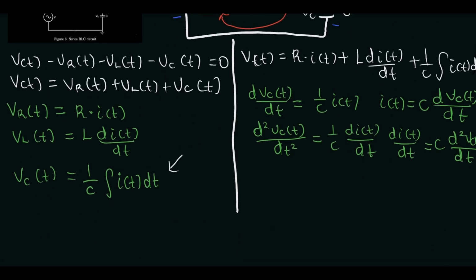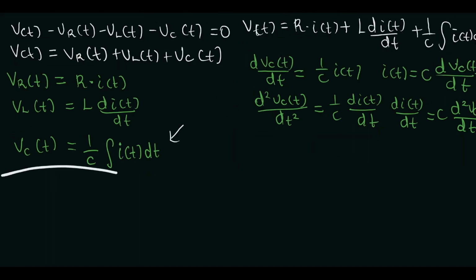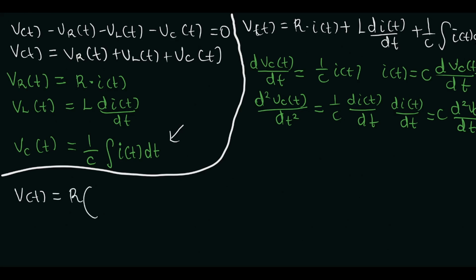So substituting these values inside the equation that we have. Let me go down so that we have more space. Vt equals R multiplied by what's our i of t?